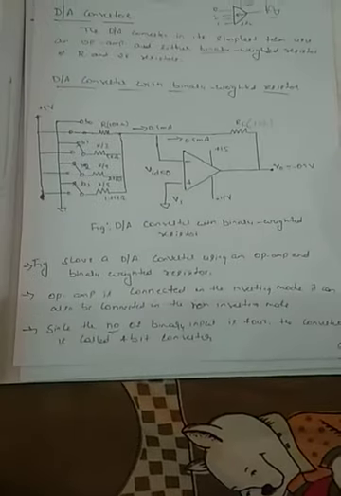As the name itself tells, in the binary weighted resistor DAC the input will be in binary form, that is either zeros or 1s. So this is a digital to analog converter with binary weighted resistors.